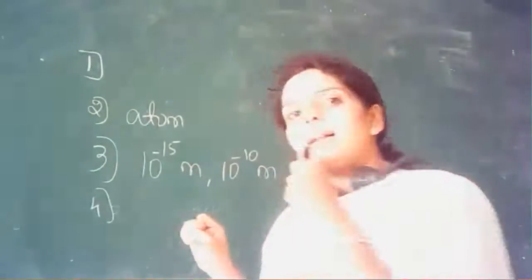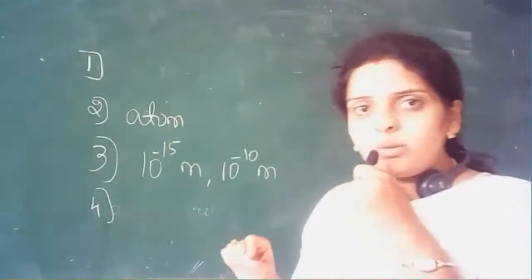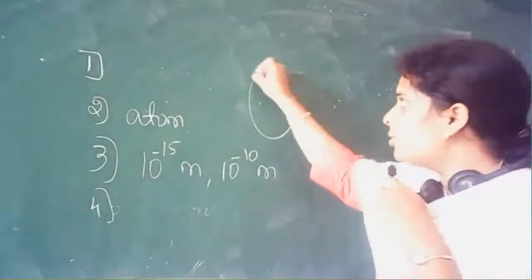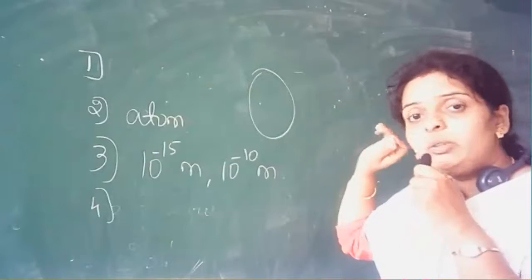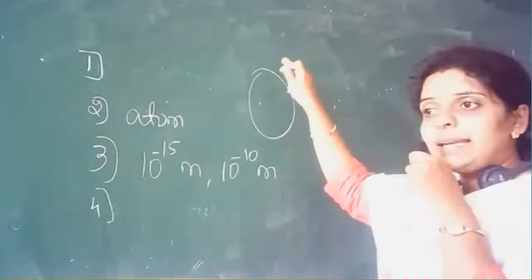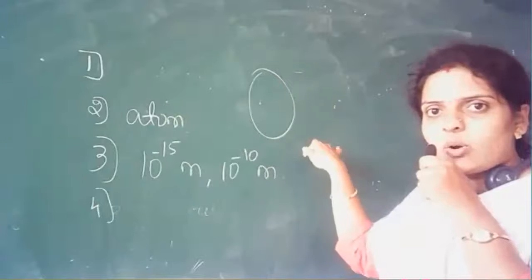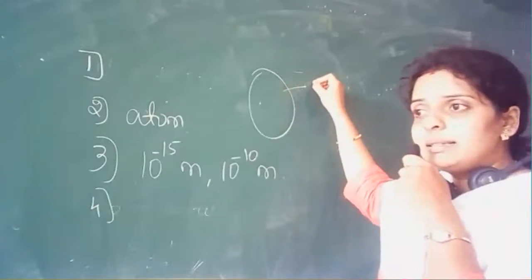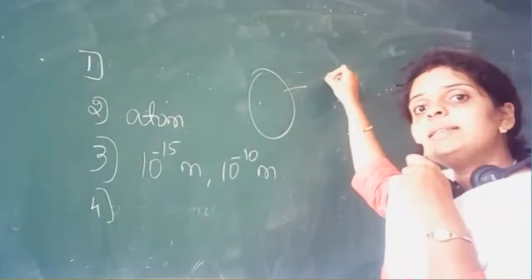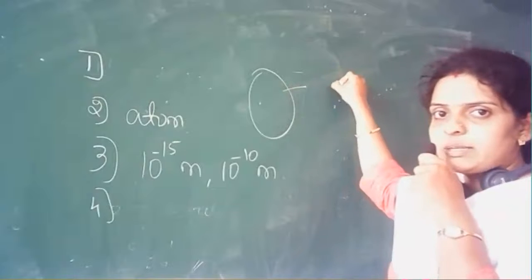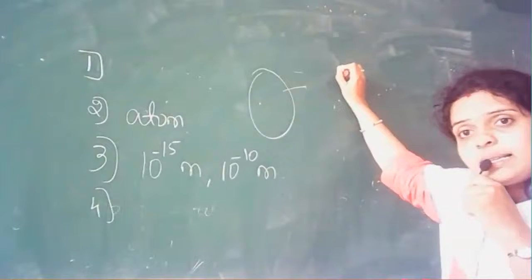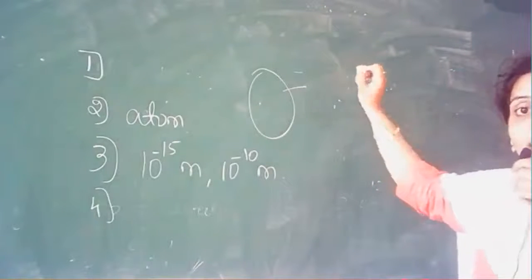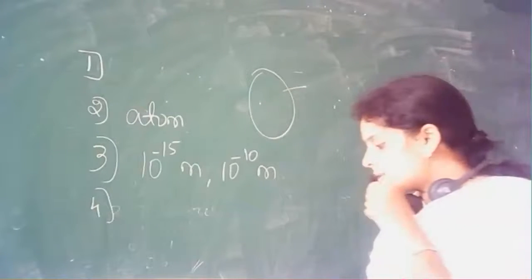And the fourth and last point is, as you know, electrons are revolving around the nucleus in a circular orbit. You know the concept: when any body is moving in a circular orbit, it experiences a necessary centripetal force. This necessary centripetal force is provided by the electrostatic force.